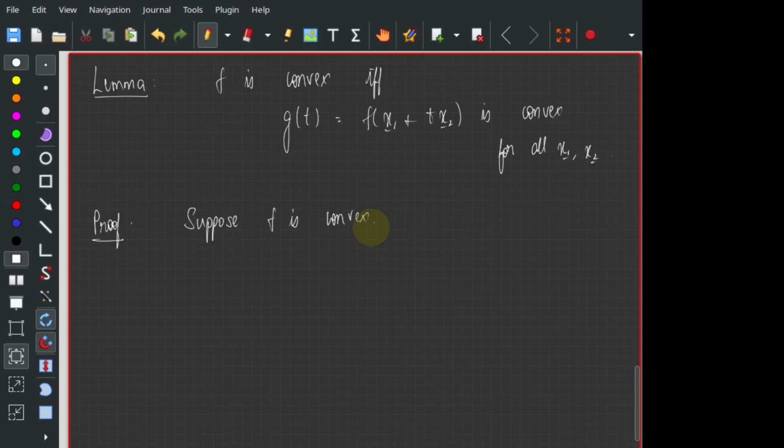Okay, so let's start with one part. Suppose that f is convex. Then how do you prove that g is also convex?